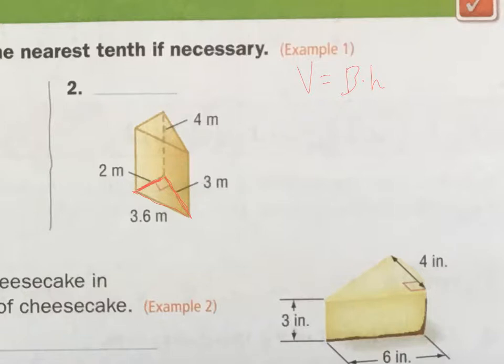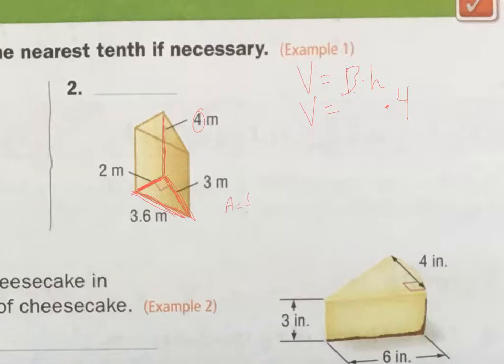This 3.6 I don't really need, because it's this one right here, which has nothing to do with finding the area of a triangle. Now, this right here is the height, and that's 4. So volume equals, I'm going to figure out the base in a second, times 4, which is my height. But let's get the area of this triangle.